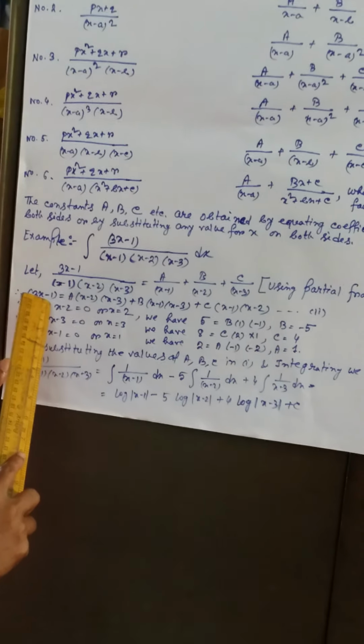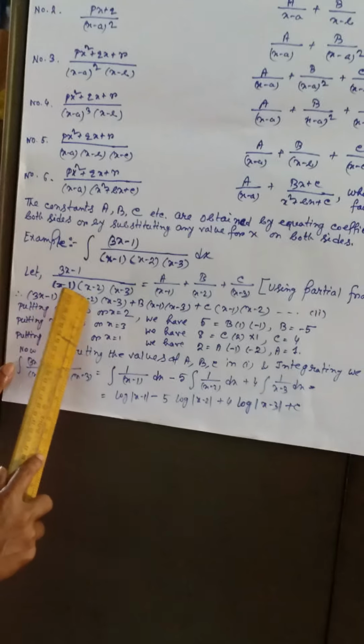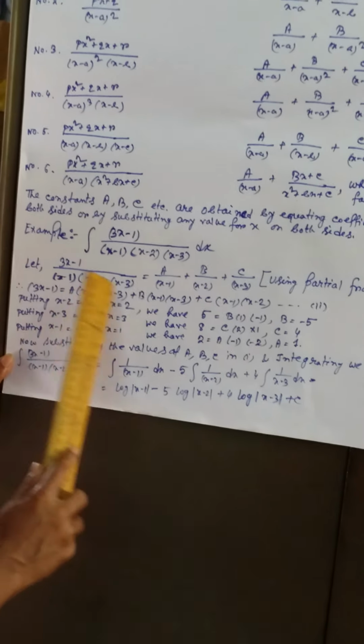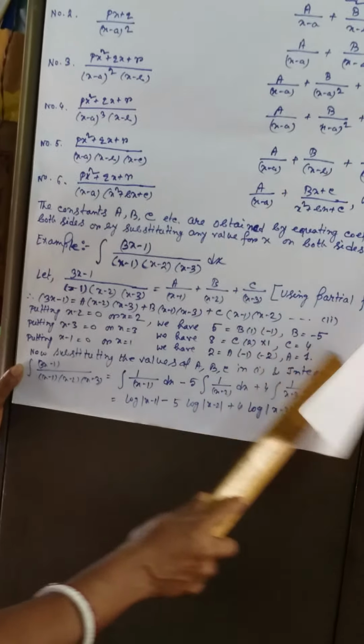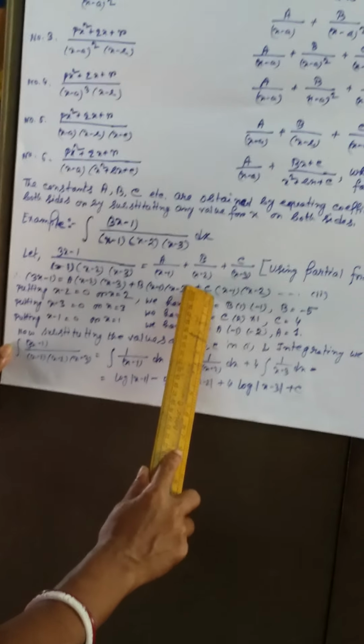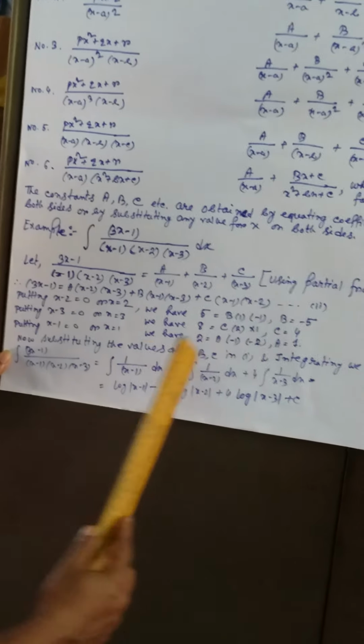Now after calculating we get 3x - 1 equal to A(x - 2)(x - 3) + B(x - 1)(x - 3) + C(x - 1)(x - 2).